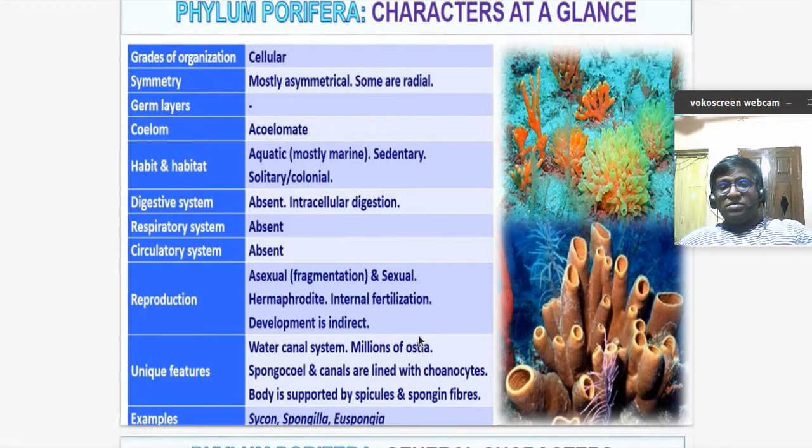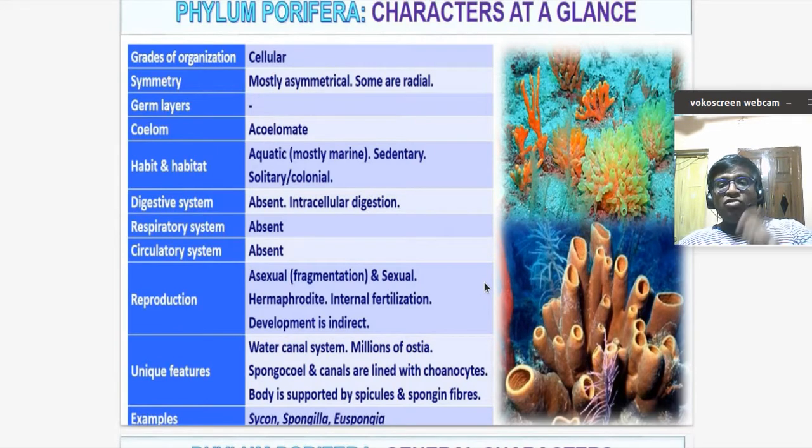Unique features, you shouldn't forget this. The unique feature is the water canal system. Through the ostia, the water enters inside the spongocoel, and it brings food particles, removes excretory products, and the diffusion of gases takes place through this water canal system, which is unique and found only in Porifera.